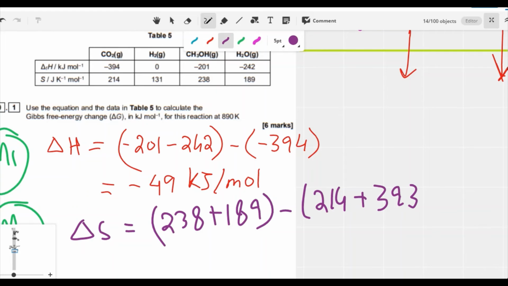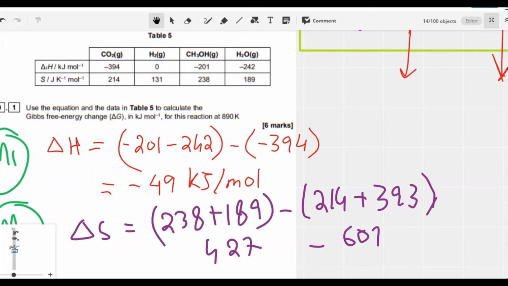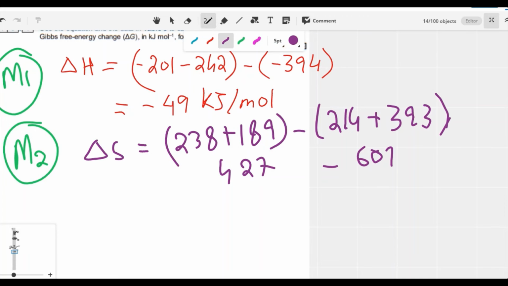When we add them, 393 plus 214 is 607, minus 238 plus 189, which equals 427. Now we subtract 427 minus 607, so that will equal minus 180.